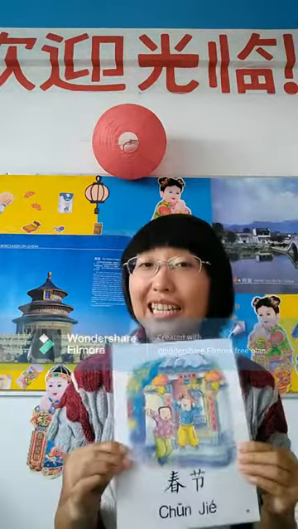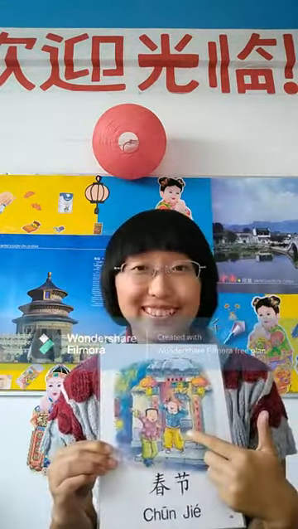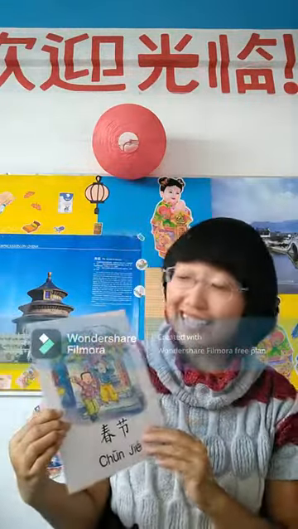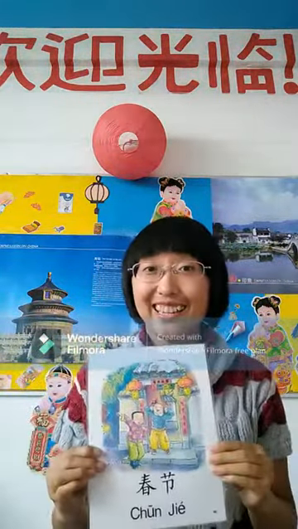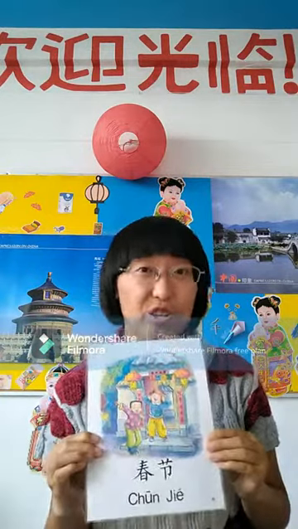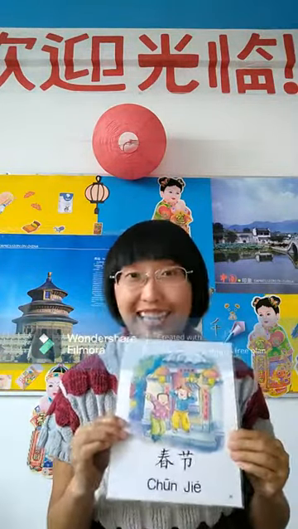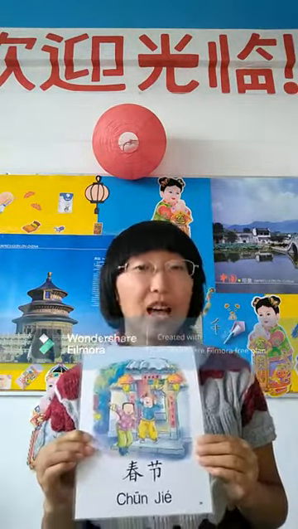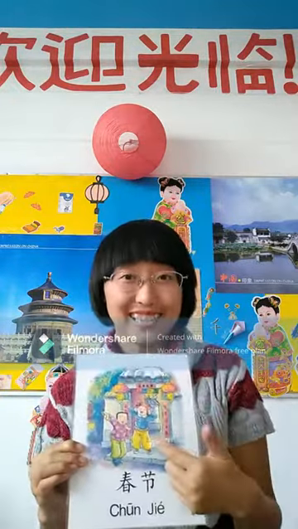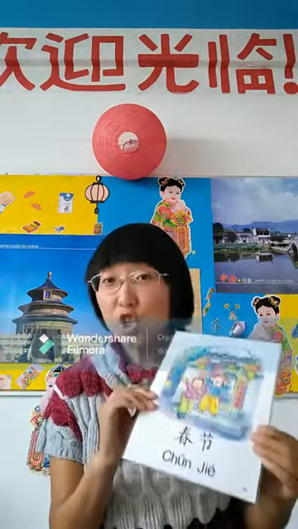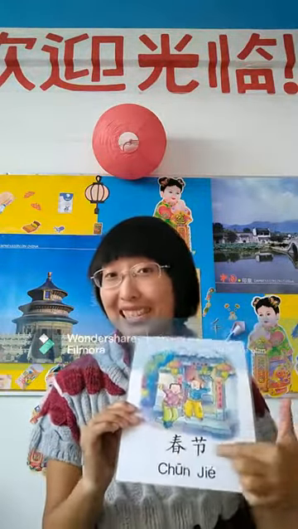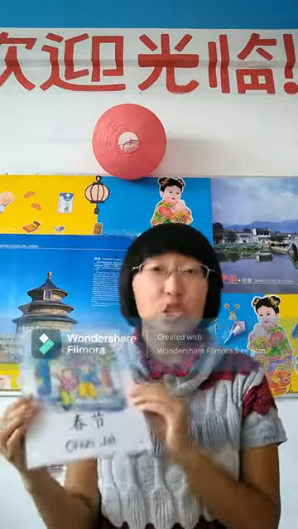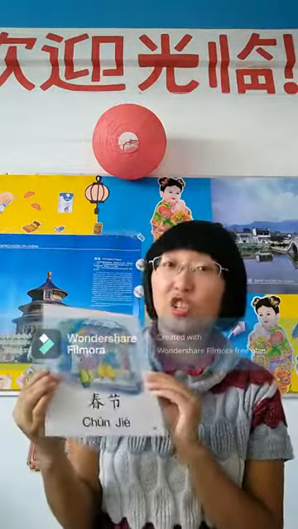What can we see in this picture? We can see how Chinese people celebrate 春节, Chinese New Year, or we can call it Chinese Spring Festival, in a traditional way in China.